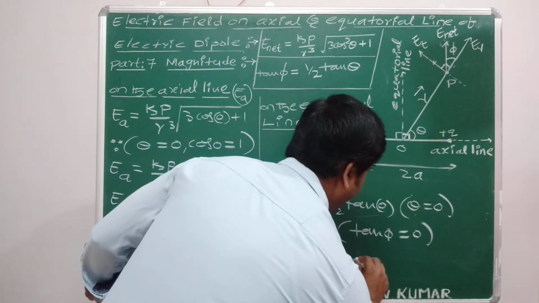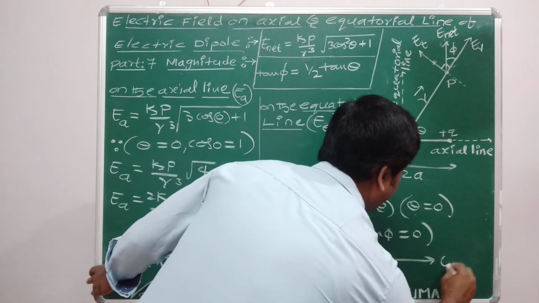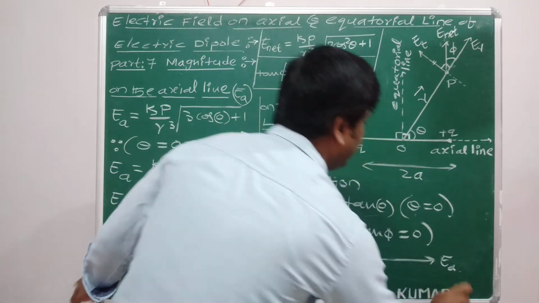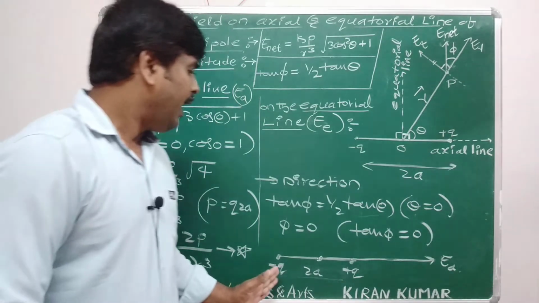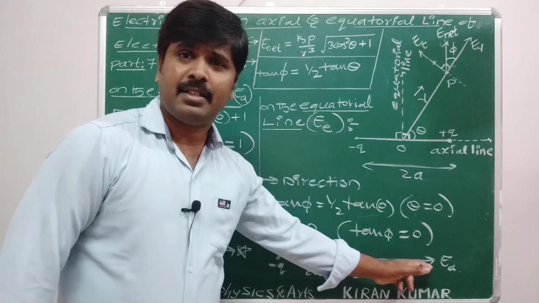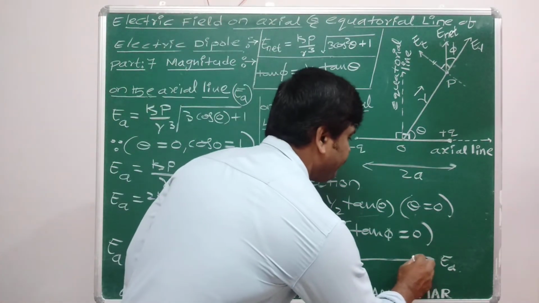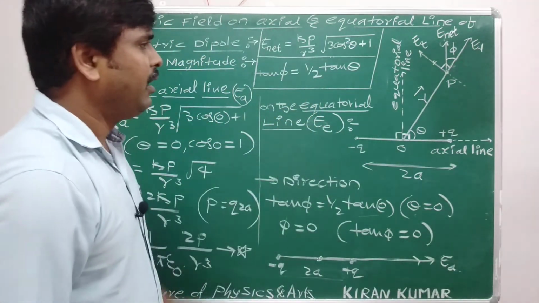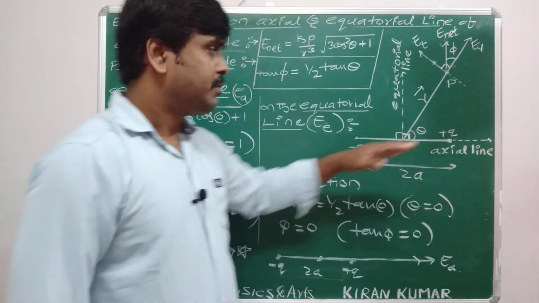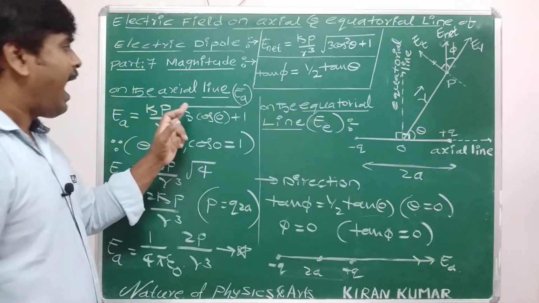The axial line is along the line joining the charges of the electric dipole. This is the direction of E_A.